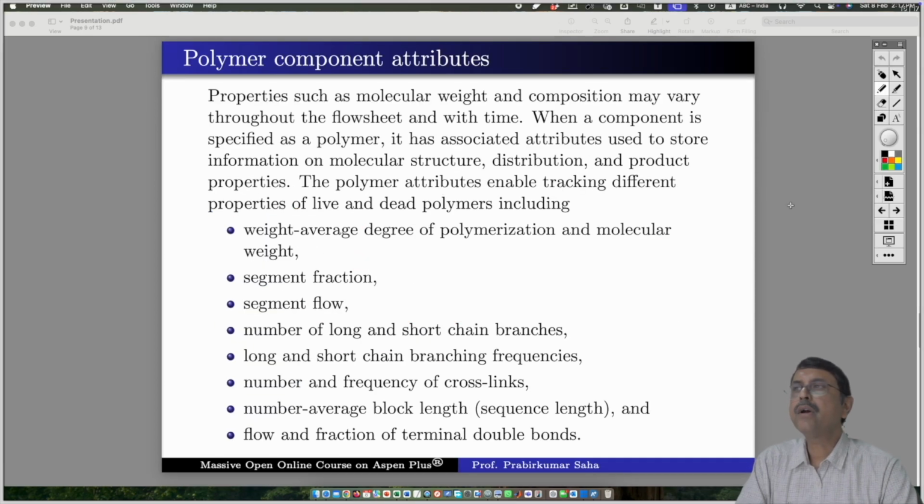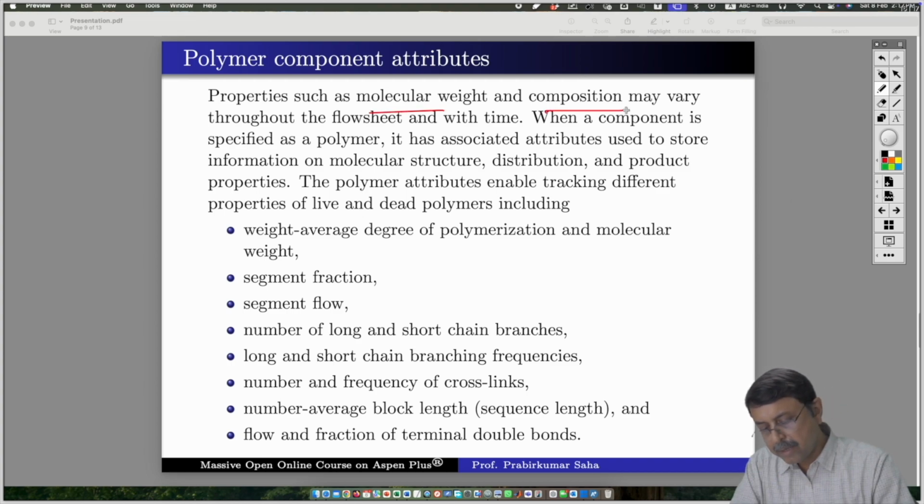Then we will come across the polymer component attributes. Properties such as molecular weight and composition vary throughout the flowsheet with time because the polymerization reaction is time dependent. As we progress with time, the polymer chain length increases along with its molecular weight.